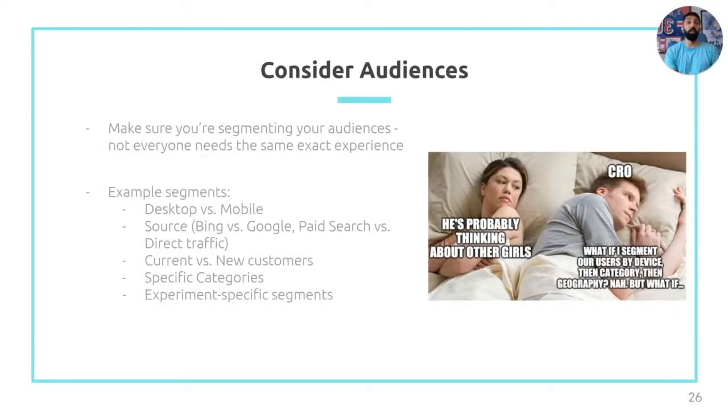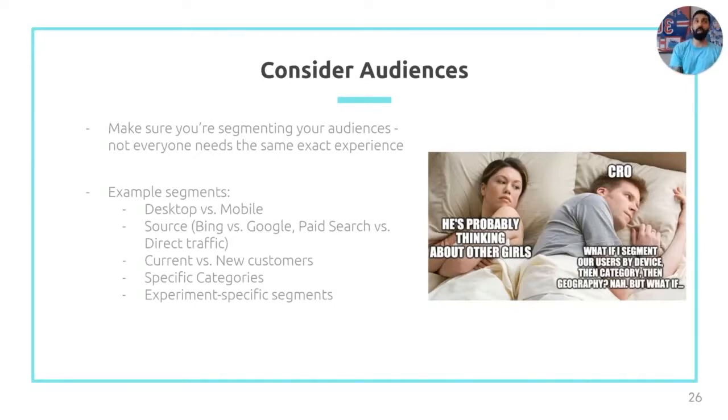And that's important for you to test to learn. You're learning more about these different audiences because maybe you're learning that as you're doing more and more of these tests, your paid search audience, with every test that you're doing, is getting further and further away from being a positive experience, while your organic traffic is doing even better. And that could be enough evidence for you to be like, well, guys, guess what?